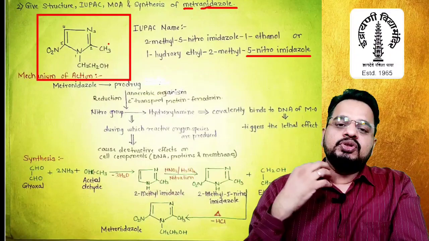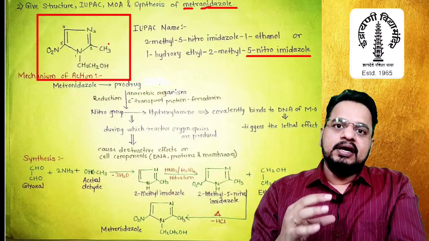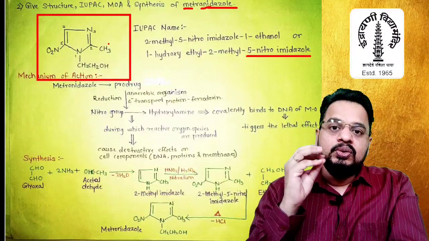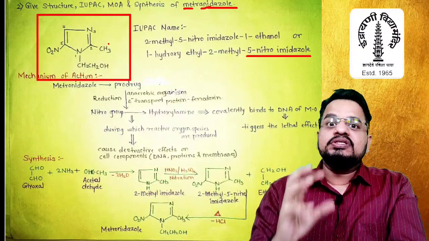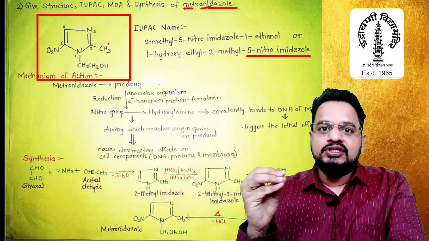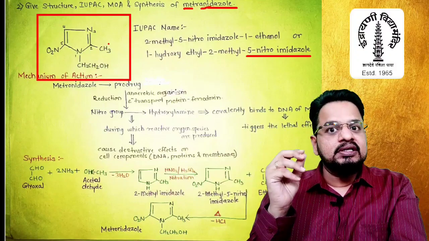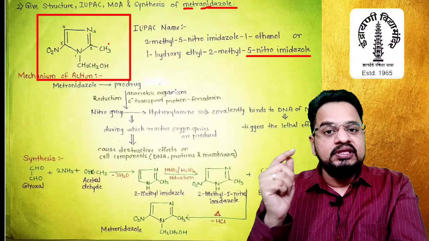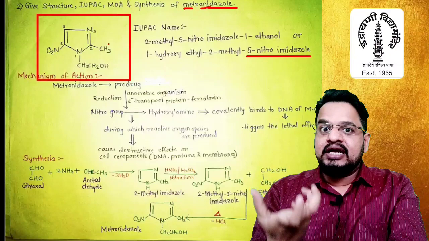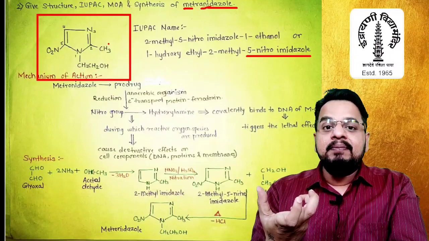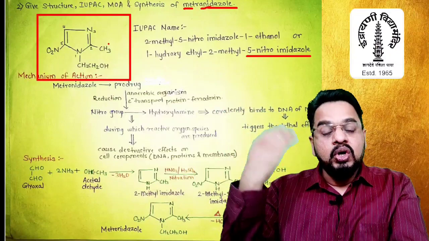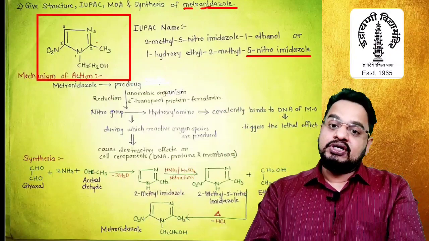So when that particular name is uttered, you should be in a position to draw the structure. Metronidazole: nidazole is nothing but the imidazole ring with the nitrogen. Ni is nitro, so you draw the nitroimidazole ring. Me is methyl, you will draw. Understand? So likewise you should be able to recall the structure for metronidazole.